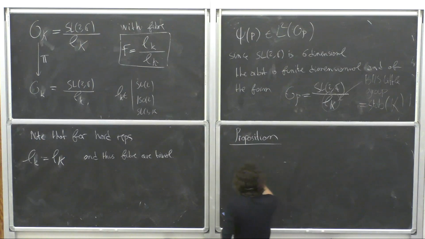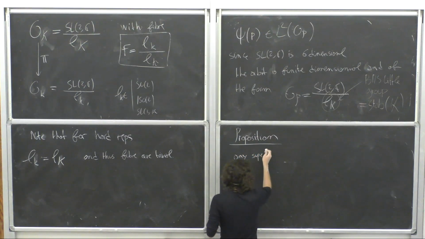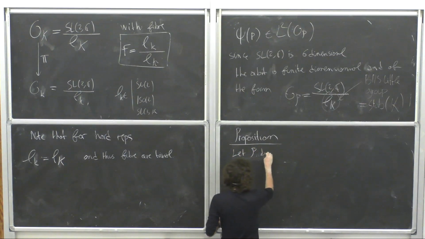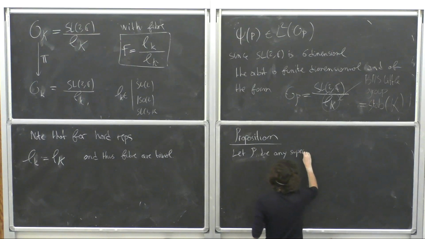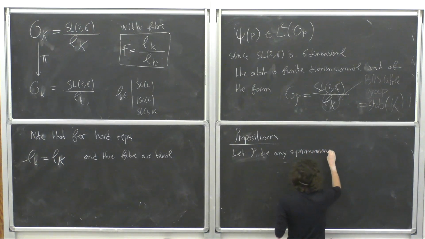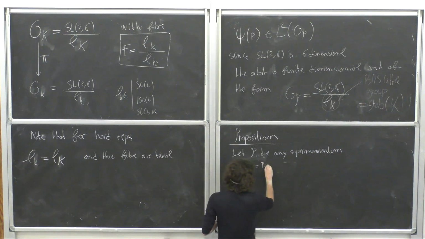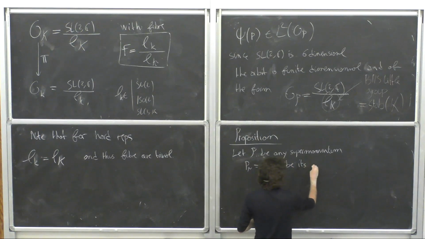So any supermomenta: let P be any supermomenta, and let P mu equal pi mu of curly P be its momentum.